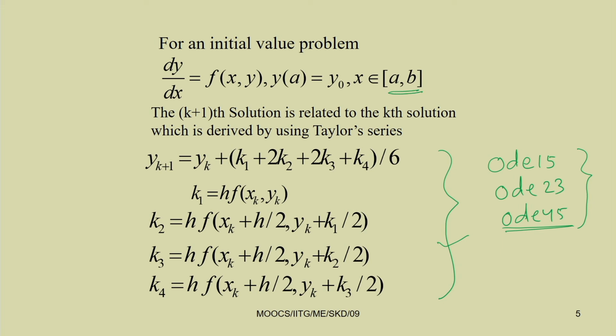Taking an initial condition x0, y0, you can solve a differential equation of the form dy by dx equal to f(x, y) using this numerical method. This is a very powerful method for solving differential equations.